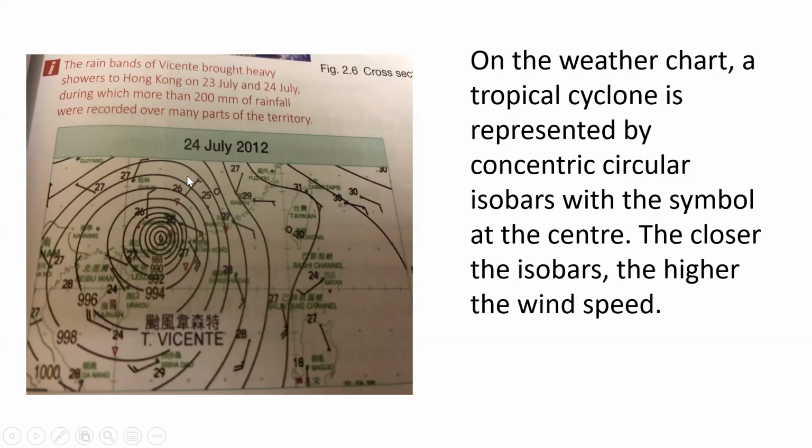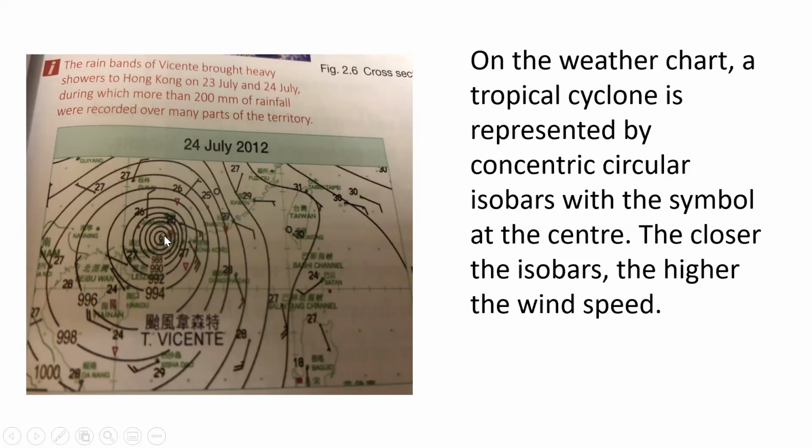And then you see, okay, this is the center of the tropical cyclone typhoon. As you can see, the nearer the center, the smaller the circular isobar is. Okay, so you see different circular isobars surrounding the center of the typhoon.